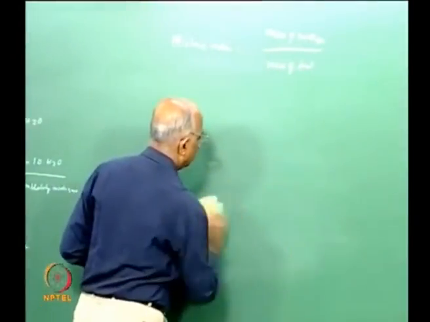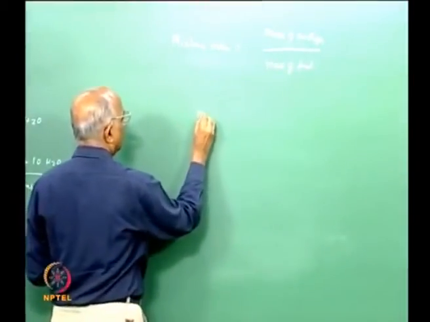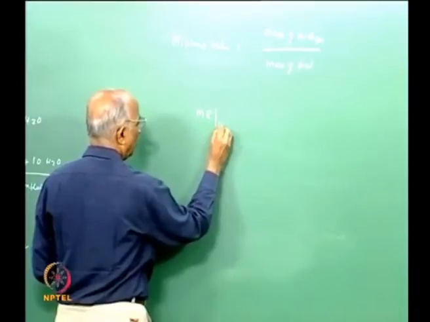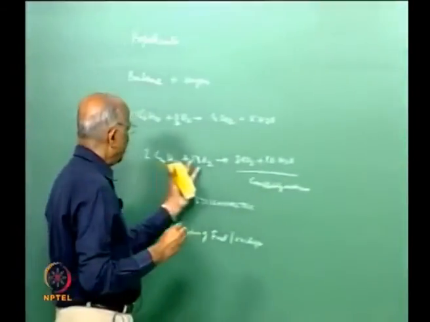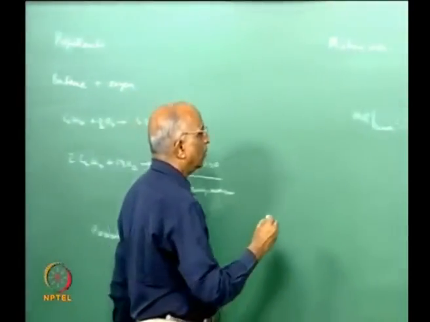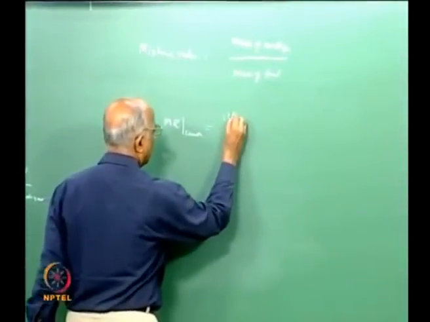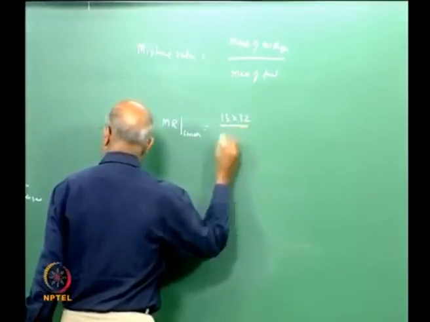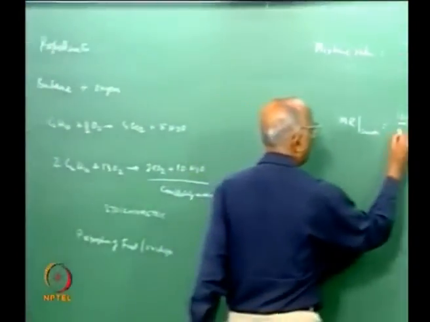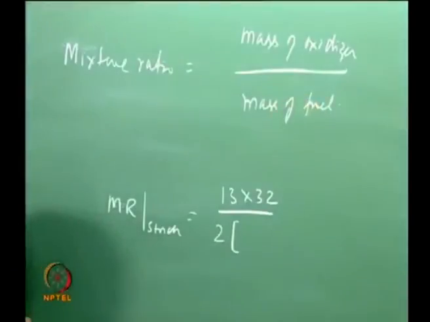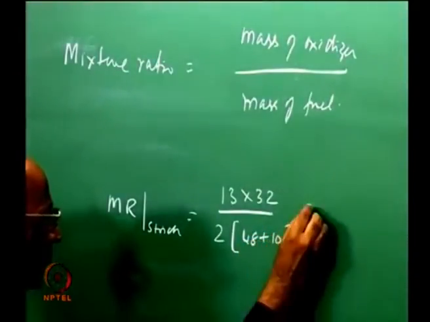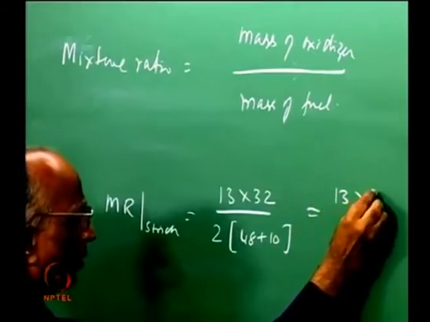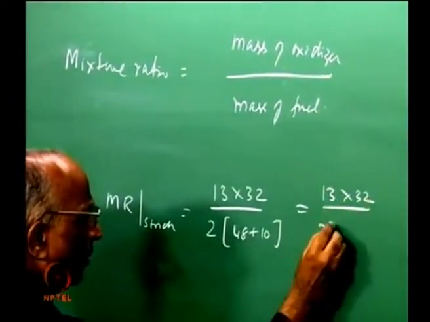The mixture ratio for stoichiometric combustion of butane with oxygen is equal to mass of oxygen, 13 into 32, divided by the amount of fuel, 2 into (12 fours are 48 plus 10), which is equal to 13 into 32 divided by 2 into 58.